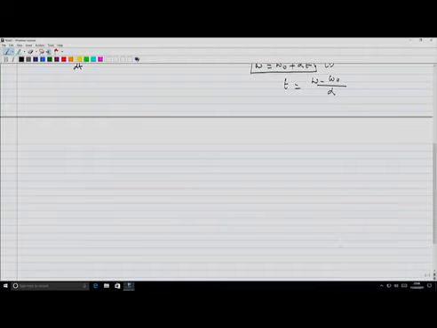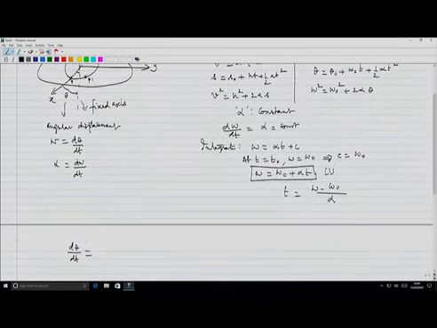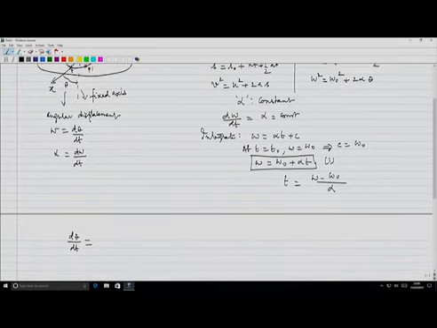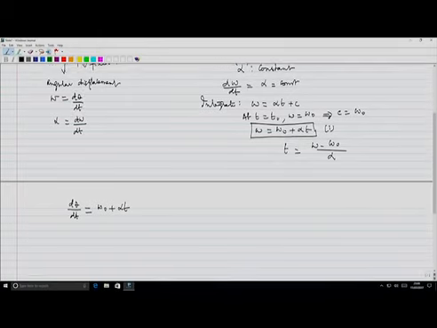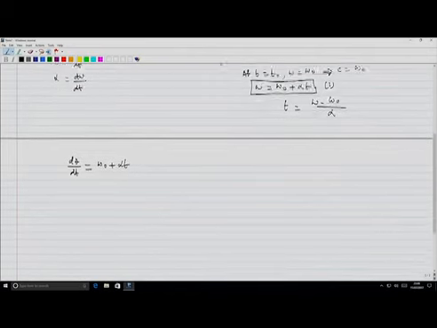What is d theta by dt? d theta by dt is equal to omega naught plus alpha t. Then again I integrate.